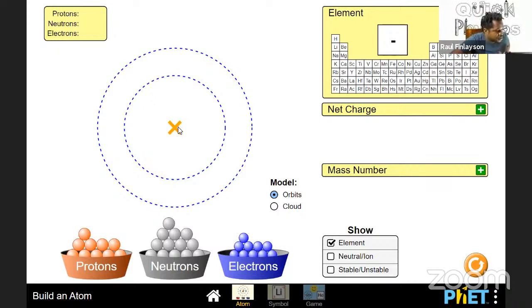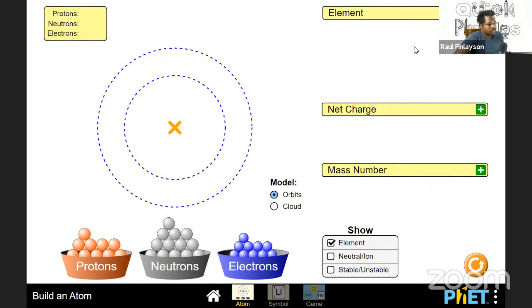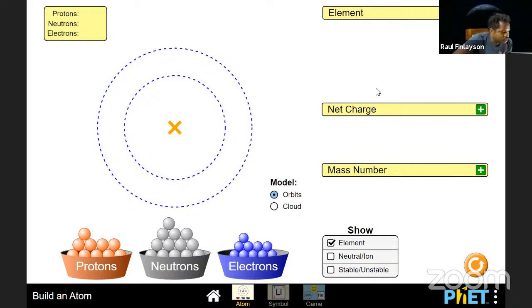But here is the nucleus of the atom. All right, guys. I hope everybody remembers what is found in the nucleus. What particles can we find in the nucleus of an atom? All right, that's a question.